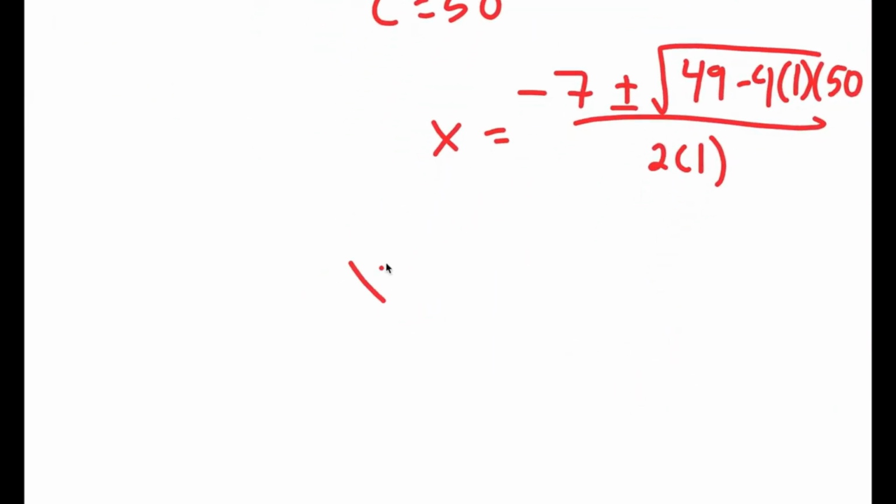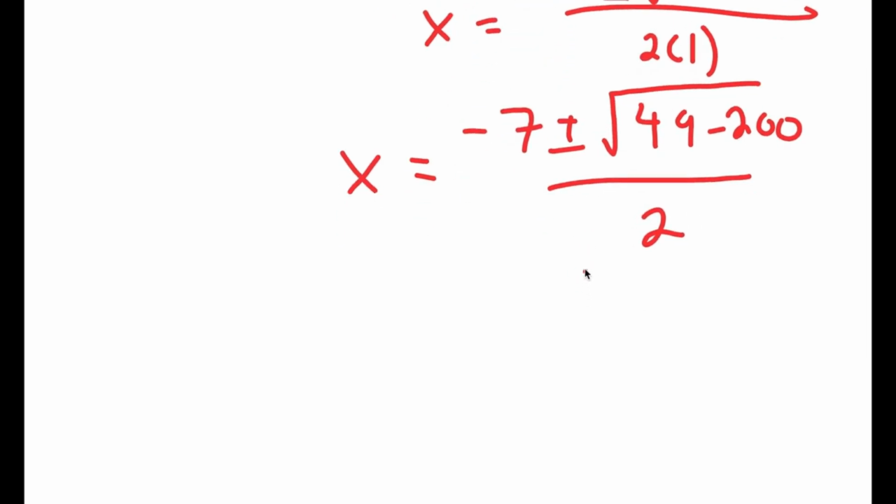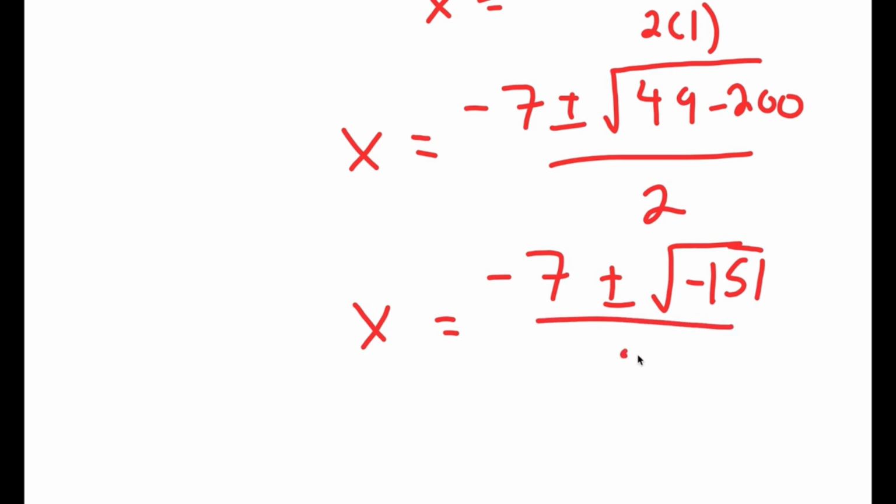And now this is equal to negative 7 plus or minus the square root of 49 minus 200 all over 2. And 49 minus 200 is 151, so I get negative 7 plus or minus the square root of negative 151 over 2.